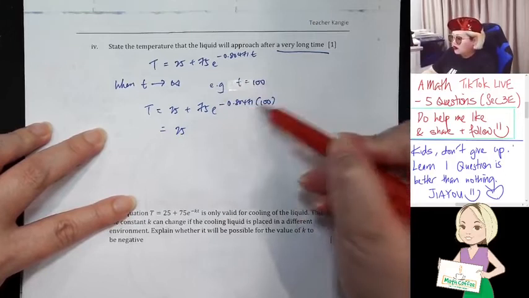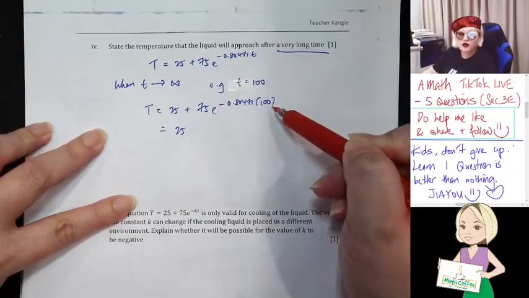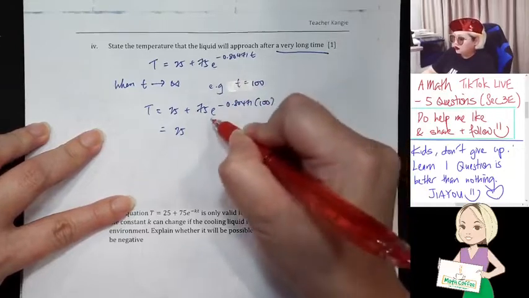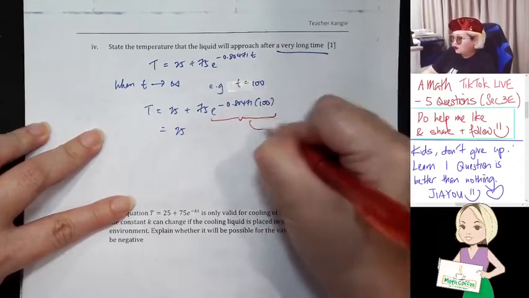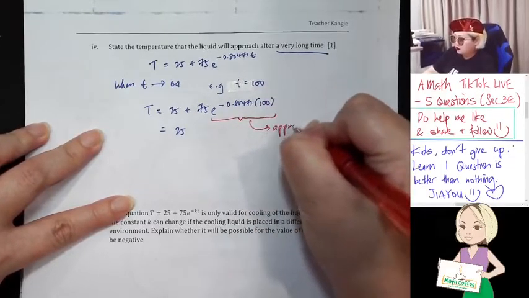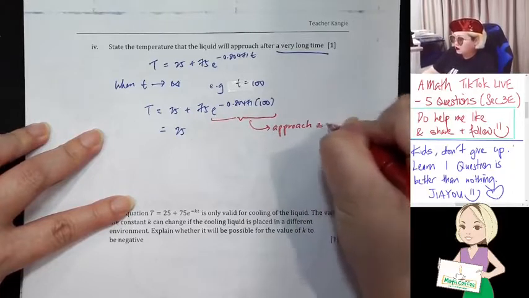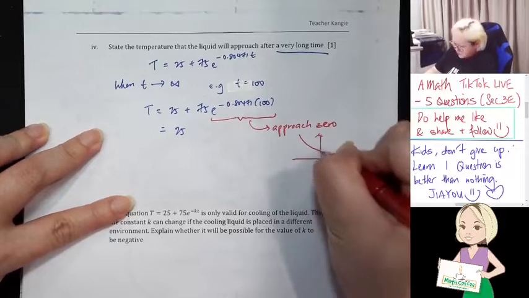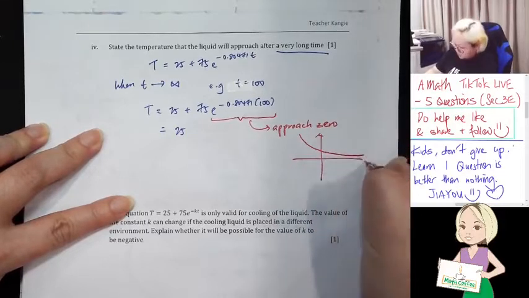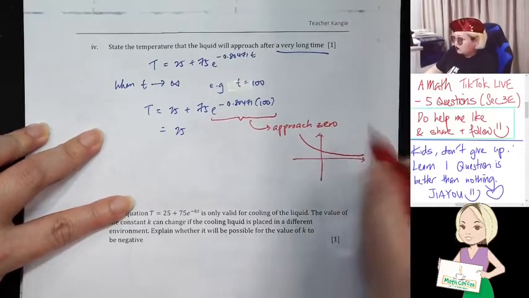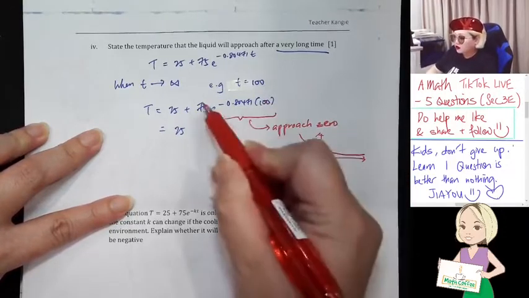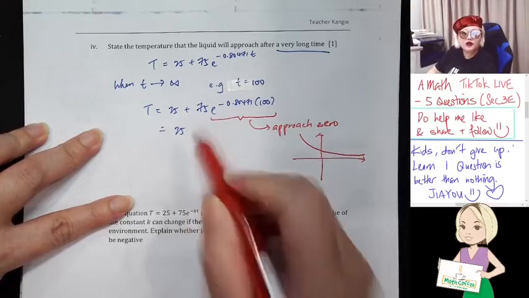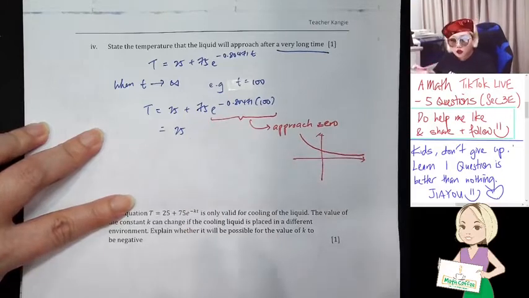Because when T gets very big, this part approaches 0. The exponential graph will approach 0. So if this part approaches 0, 0 times 75 is 0, and 0 plus 25 becomes 25. It will never be completely 0.